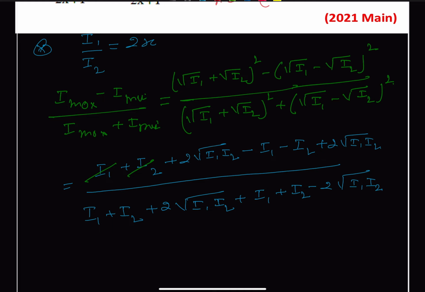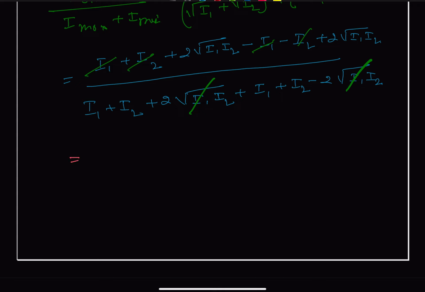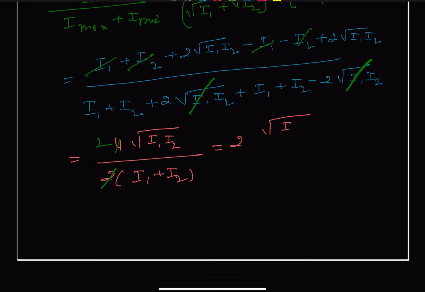In the numerator, the I1 and I2 cancel out, and in the denominator these two terms cancel out. So we get 4 square root of I1 I2 over twice I1 plus I2, and 4 divided by 2 gives us 2 square root of I1 I2 divided by I1 plus I2.